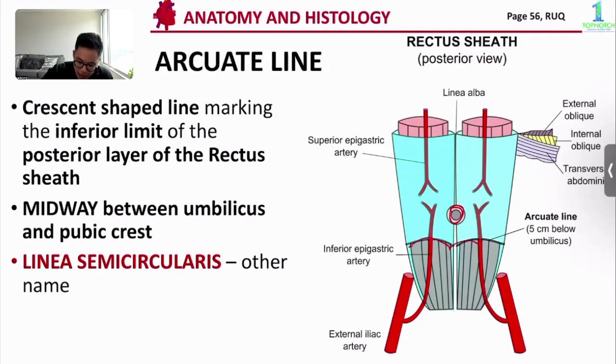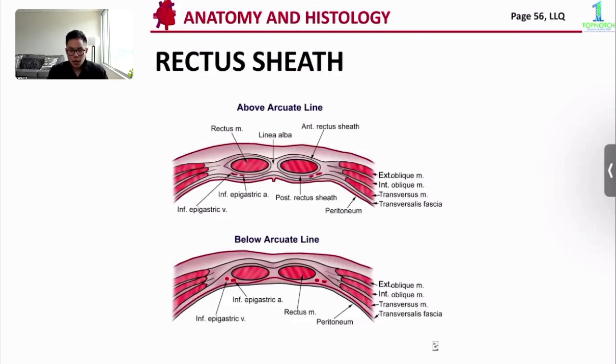Now, having said that, your rectus sheath is divided into two portions: the anterior rectus sheath and the posterior rectus sheath. Mainly, the anterior rectus sheath superior to the arcuate line is made up of the aponeurosis of the external oblique and the internal oblique.